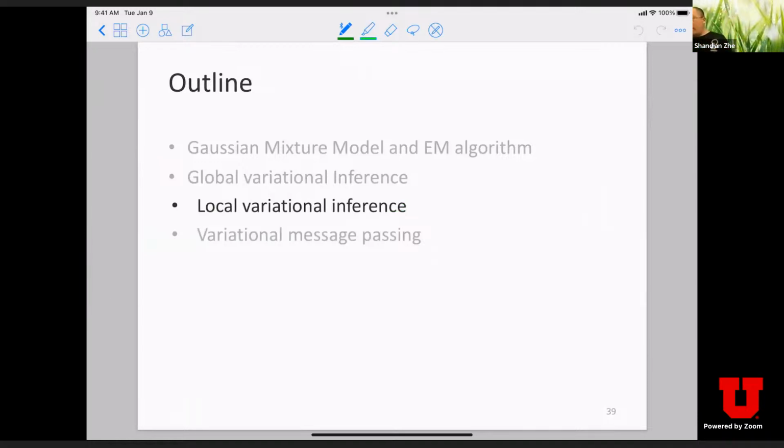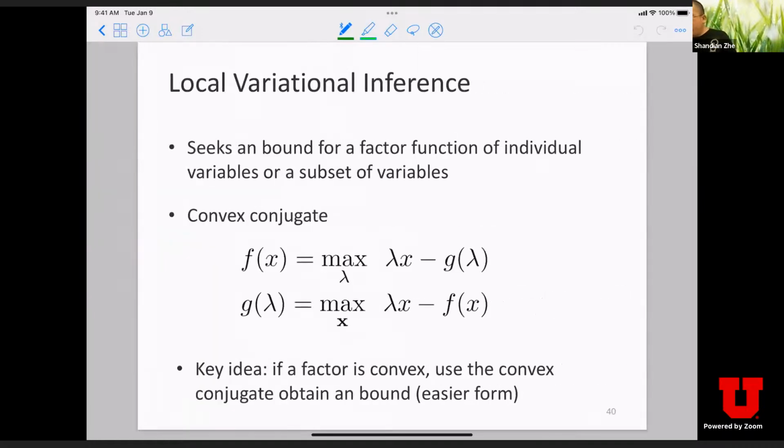But local variational inference takes another strategy. It assumes, what if the variational evidence lower bound is also very difficult to optimize? For example, in general, you can write your joint distribution of X and Z as a product of factors, right?